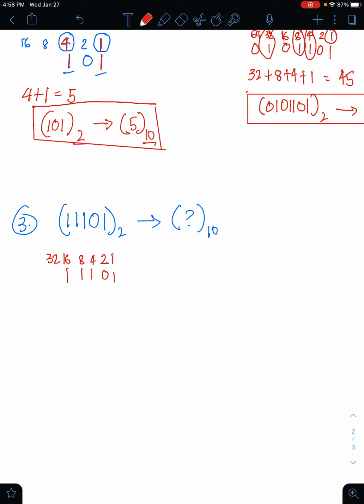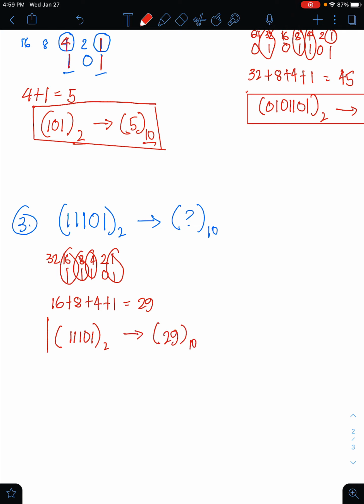So 16 plus 8 plus 4 plus 1. That would be equal to 24 plus 4, 28 plus 1. That's 29. Therefore, your final answer here is 11101 base 2 is equivalent to 29 base 10, and this is your final answer.